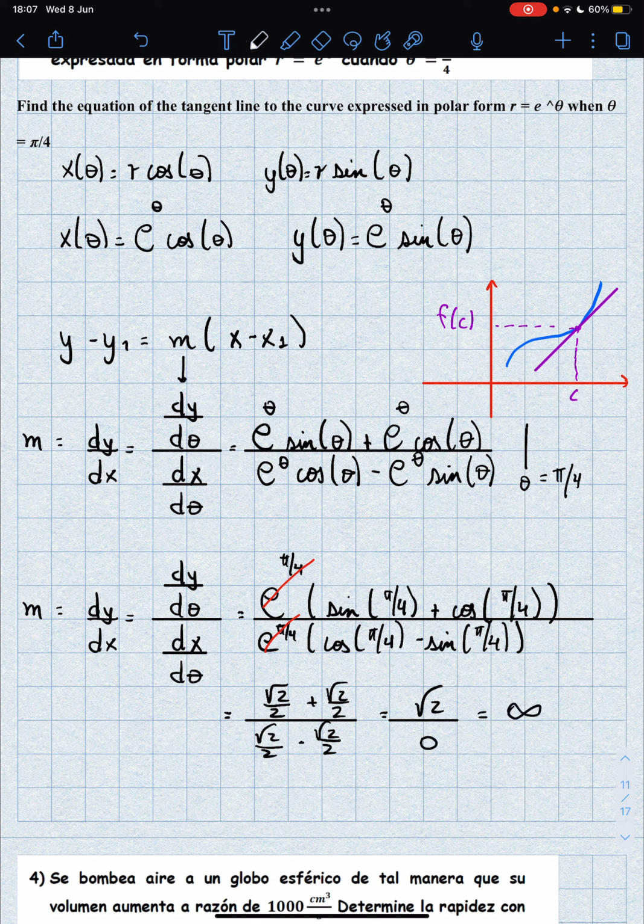Oh, something is wrong. No, it's not wrong. But what does it mean? Remember that this is the slope. You're calculating the slope, so what is the slope telling you?